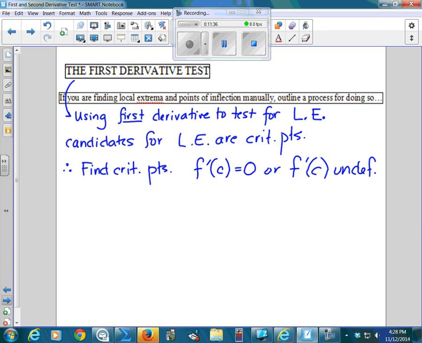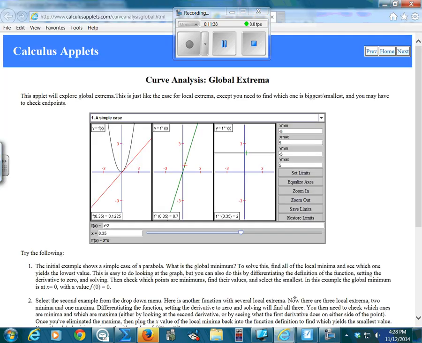Well, back to this graph. What's happening in the second graph at a local extreme? We see there's our critical point right there. The first derivative is equal to 0, but before and after it, we see a sign change.